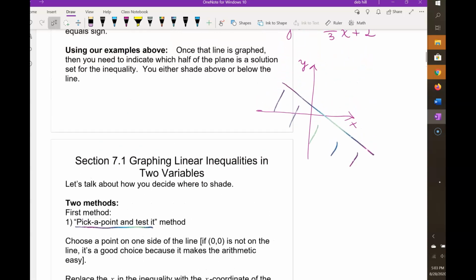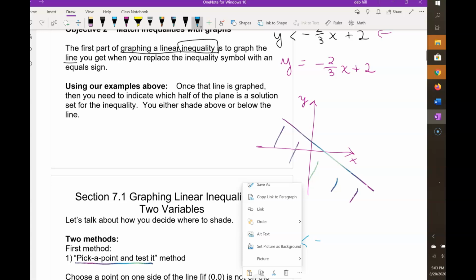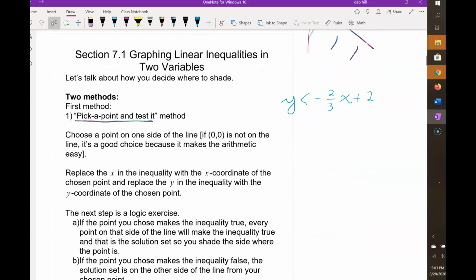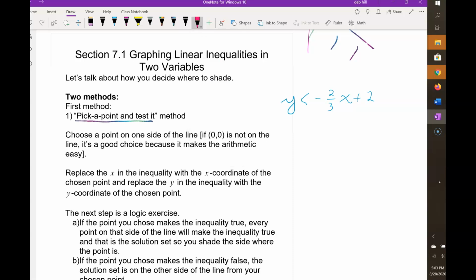So 0, 0 is the easiest one to choose. So I'm going to go ahead and stick with this example of y is less than negative 2/3 x plus 2. And if I plug in 0, 0, I want to see if I get a true statement or not. So I want you to tell me what you're doing and then do it. So tell me, I'm testing 0, 0.